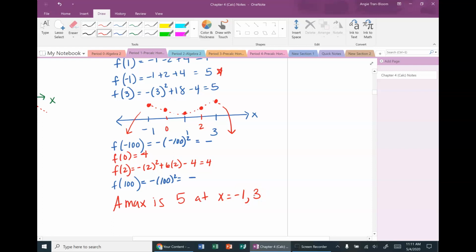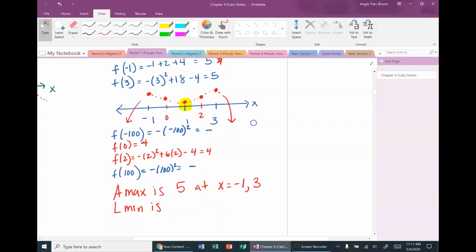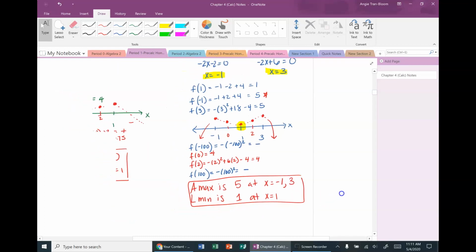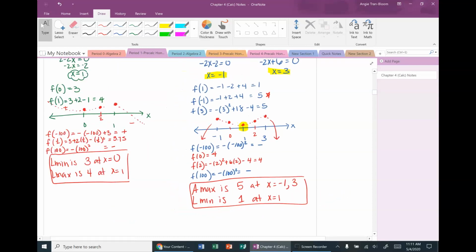Then you have one minimum right there. So you have one local minimum that was a 1 value. So the local minimum was 1 at x equals 1. So as you can see, each question is slightly different, but the format I'm using is the same every time.